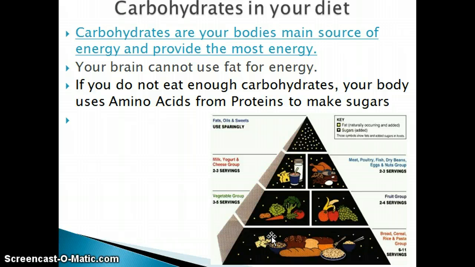Now, your brain cannot use fat safely for energy. It can use something called ketone bodies, which are made from fat, but that leads to something called acidosis, and you don't want that. Now, if you don't eat enough carbohydrates, what your body does is it makes these ketone bodies, and it also attacks the proteins in your body.